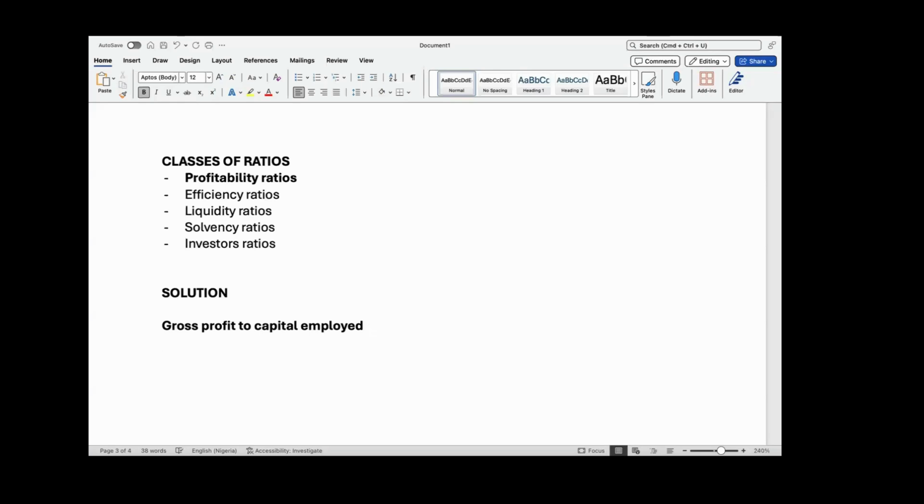It goes to show that its formula is simply gross profits over capital employed, of course, multiplied by 100/1. And the interpretation, or what it means, is simply the amount of gross profits that an entity makes from the capital it has invested. The amount of gross profits made by an entity from the invested capital.